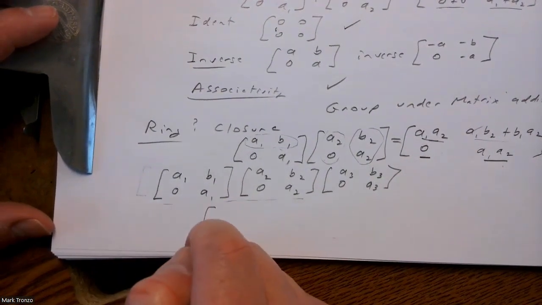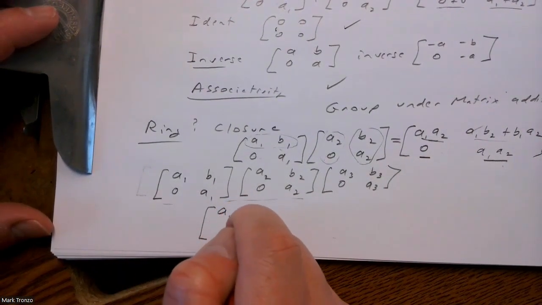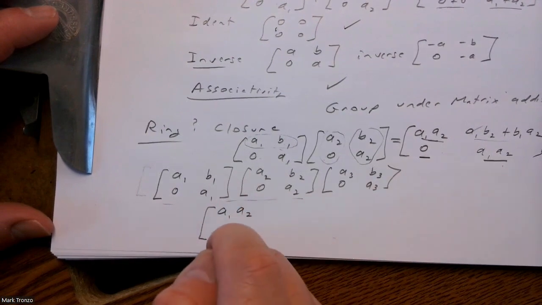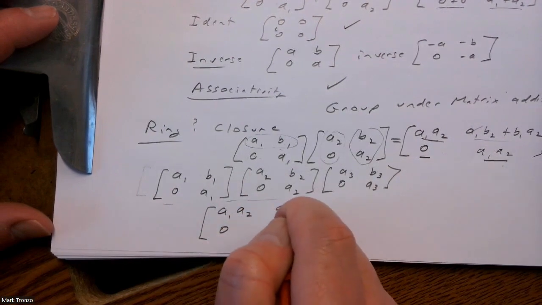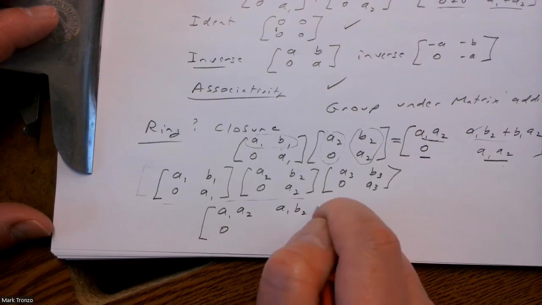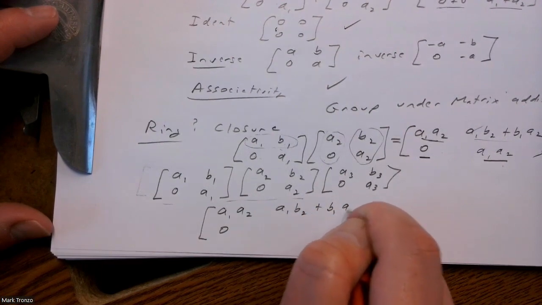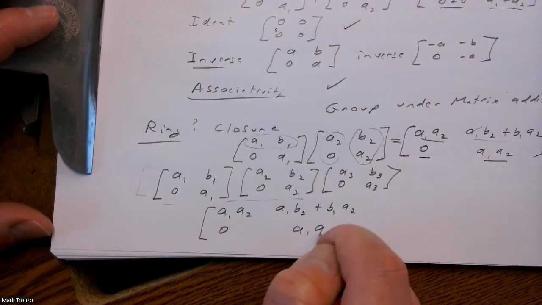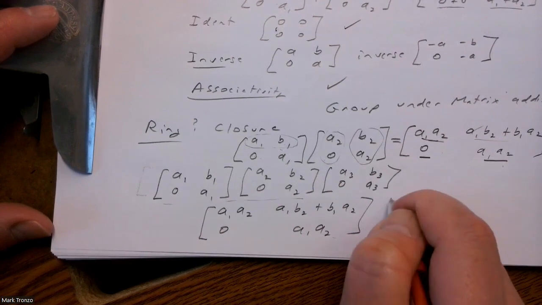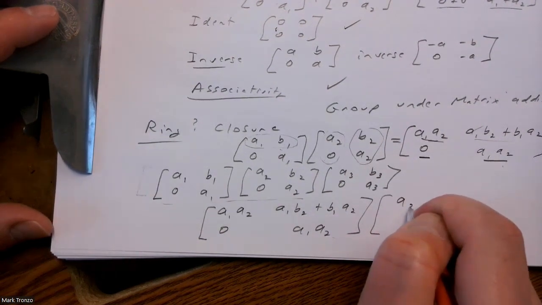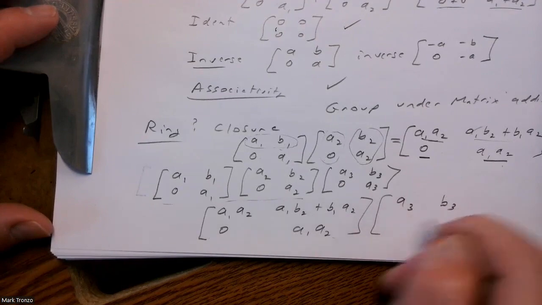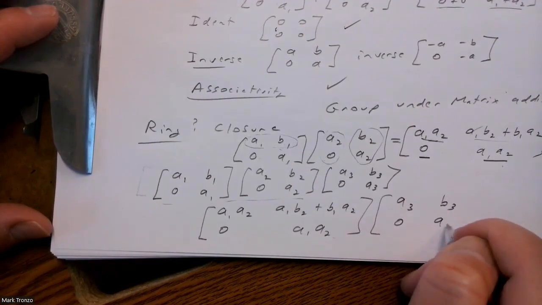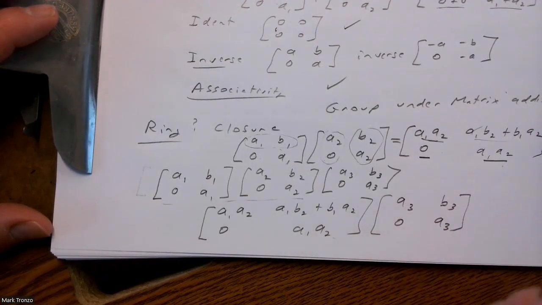That's going to give us A1 A2, 0, A1 B2 plus B1 A2, A1 A2, times A3, B3, 0, A3.